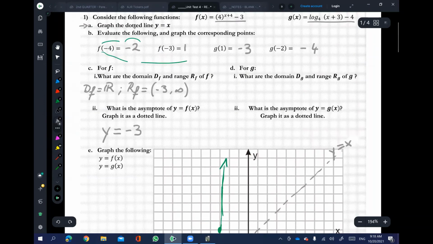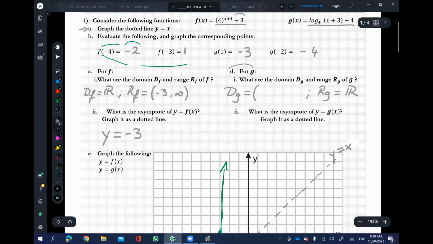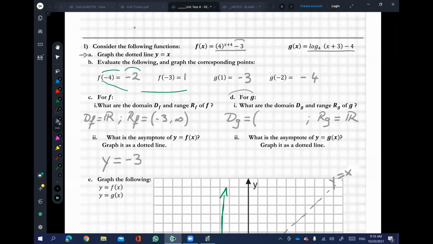Now, for d, I'm going to do the same thing for the function g. The range of a logarithmic function will always be all real numbers. The domain of g, on the other hand, will start at h. And h, so remember the formula, it's x minus h inside, right?